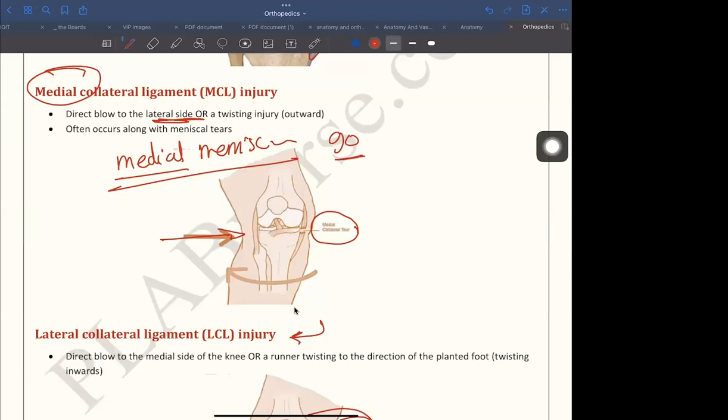But if you think about it again, if you have a bone model, when you look at it, you will find that the medial condyle is slightly lower than the lateral condyle, okay? So we mentioned earlier that the ACL injury is also related to meniscal tear, right?